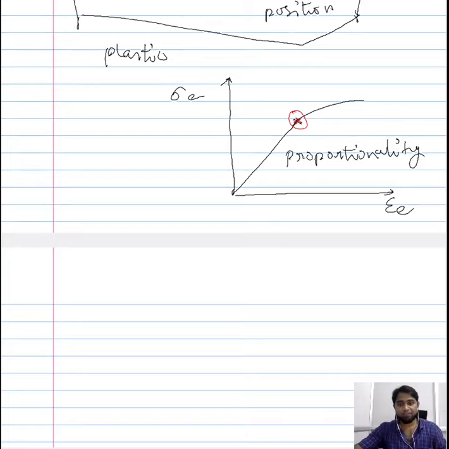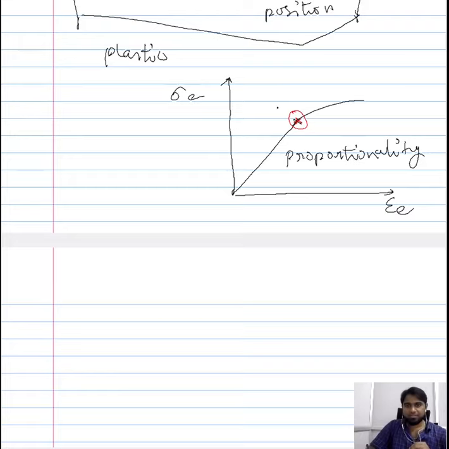So this proportionality point can also be referred to as the elastic limit. The point beyond which the linearity is lost, we refer to as the proportionality point or the proportionality limit. And since below it we have the elastic region, and above it we have the plastic region, this point also differentiates the elastic and the plastic limits. So the proportionality point can be related to the elastic limit as well.